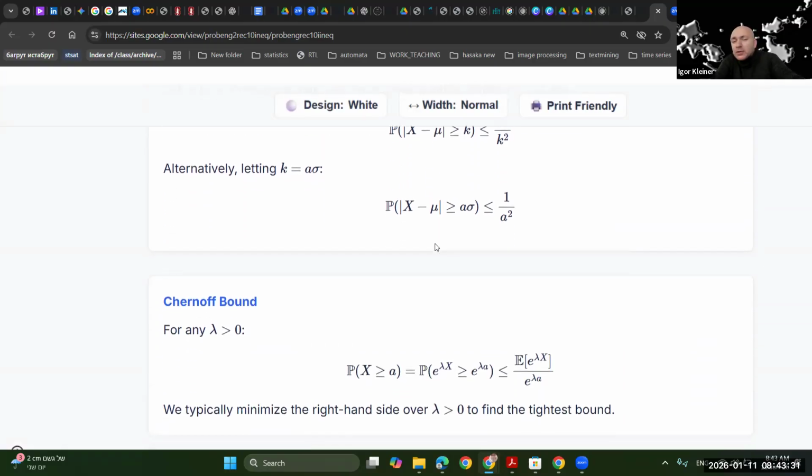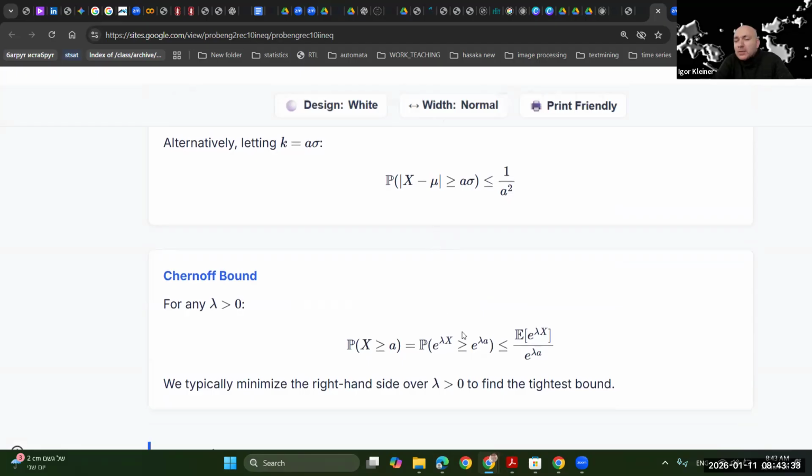The Chernoff bound is a stronger bound, but it's harder to use. The probability that the random variable X is greater or equal to a is less or equal to the expected value of e to the power lambda X divided by e to the power lambda a. Pay attention, here we have a parameter lambda. It can be any number greater than 0.